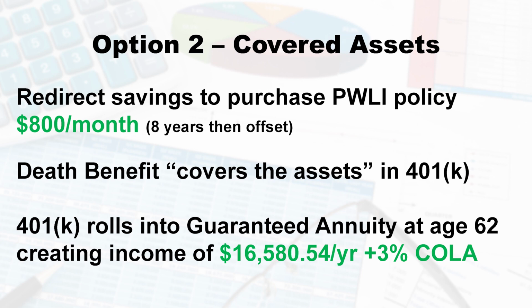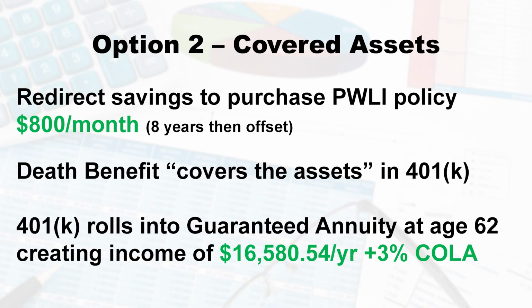So now we look at the covered assets strategy. And what he does here is he redirects the savings, the $800 a month, to purchase a participating whole life insurance policy for $800 a month for the next 8 years, and then all premiums are offset. That means they're not coming out of pocket anymore, they're coming out of the policy values. So now the death benefit covers the assets in the 401k.